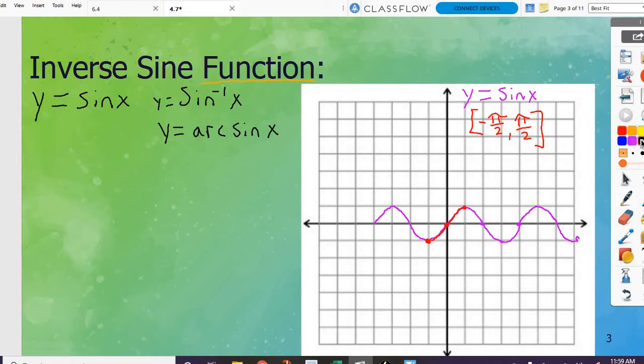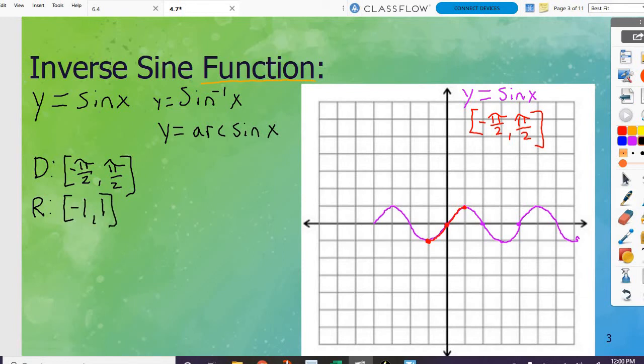So now when I rewrite my sine graph, what I'm actually saying is I only want to use the portion of my graph where my domain is -pi over 2 to pi over 2. And then what is the range of our sine graph? Agreed. So -1 to 1.